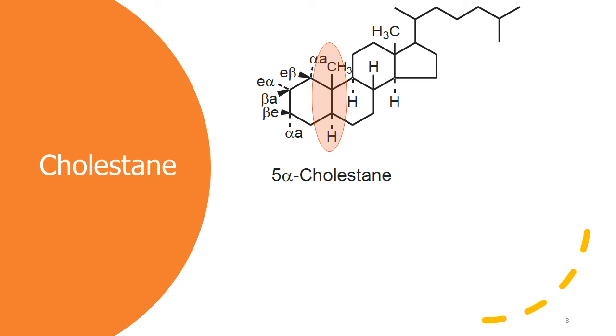Similarly, configuration of the 8 beta and 9 alpha hydrogens and 14 alpha hydrogen and C18 angular methyl group denote transfusion of the rings B and C and D. The side chains at position 17 are always beta unless indicated by the dotted line or in the nomenclature of the steroid, 17 beta or 17 alpha.